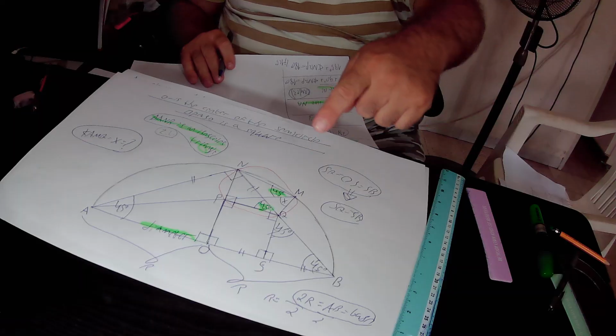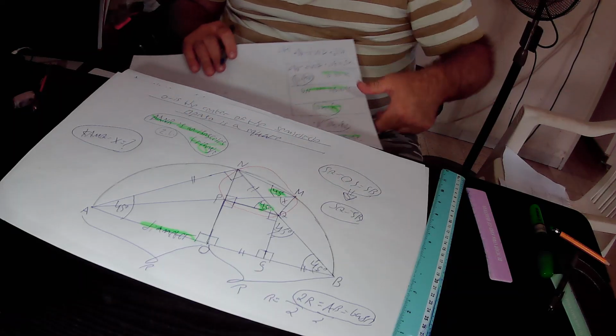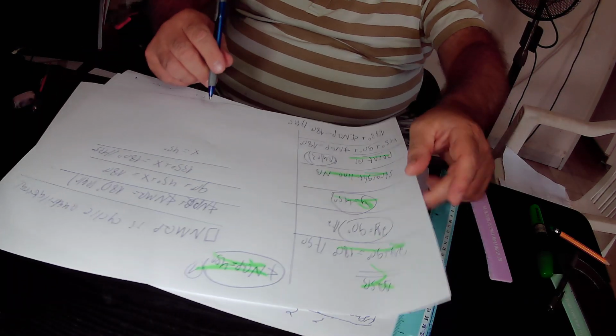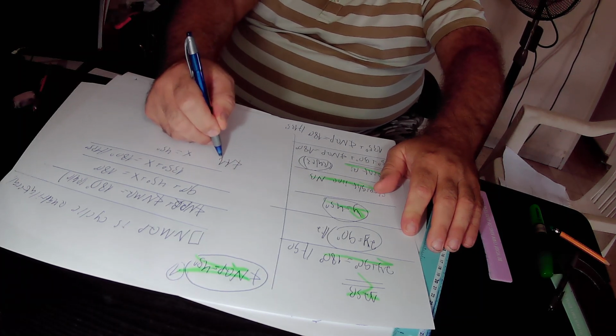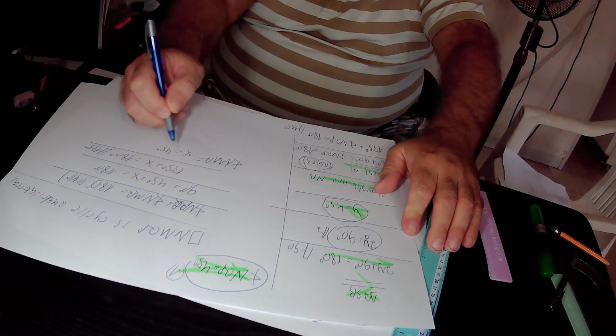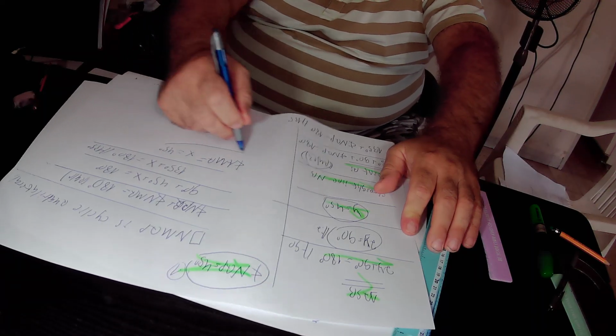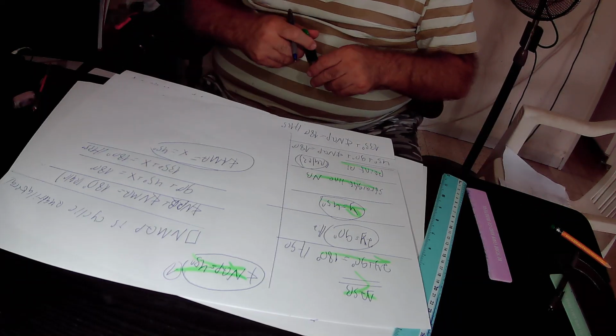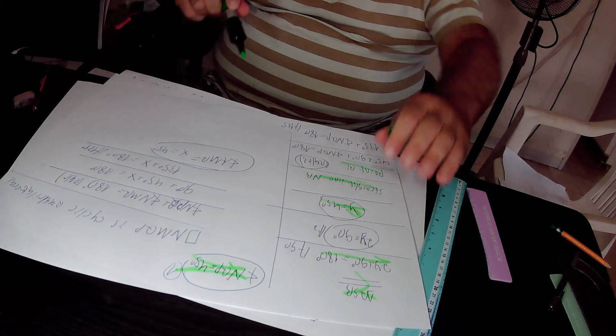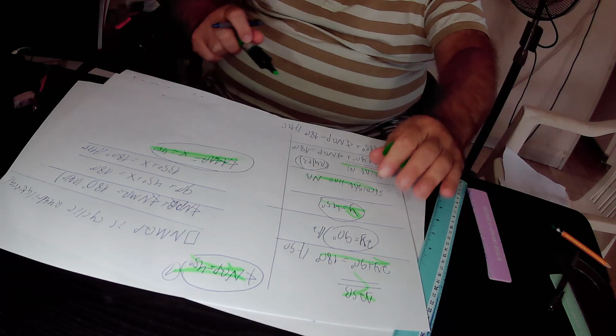Angle X, which is equal to angle AMQ, is equal to 45 degrees in its size. So we finish with the first question. In the next step, I'll present the second question, and we solve the second question of this lecture.